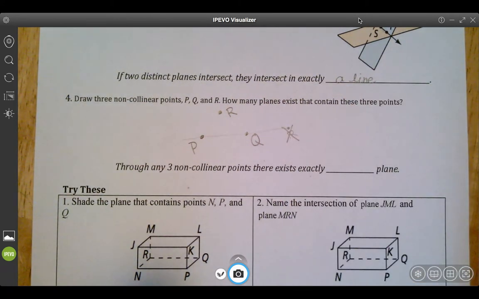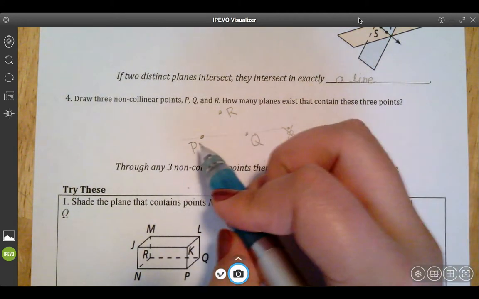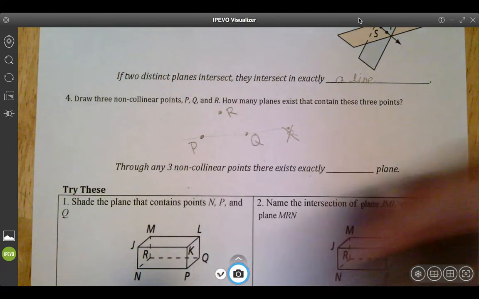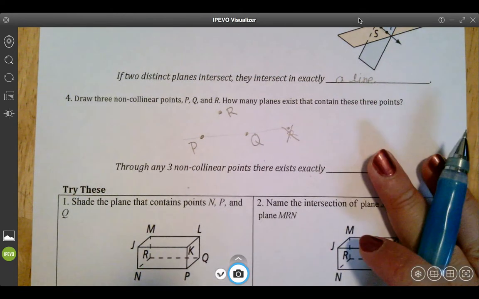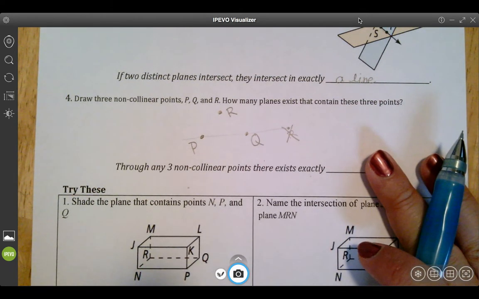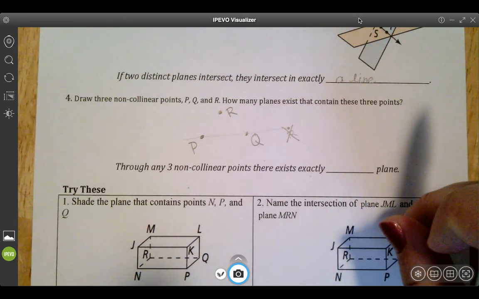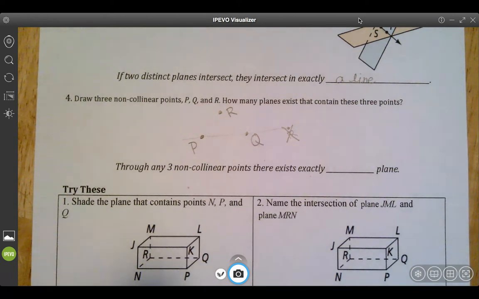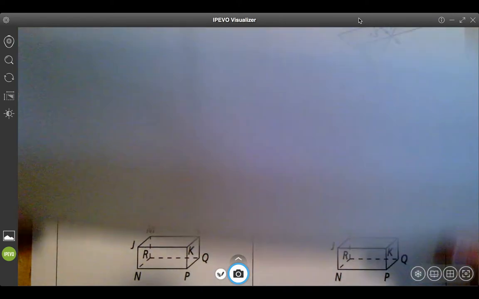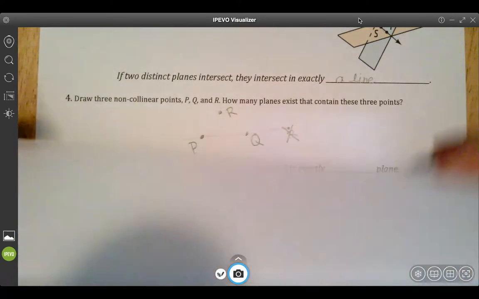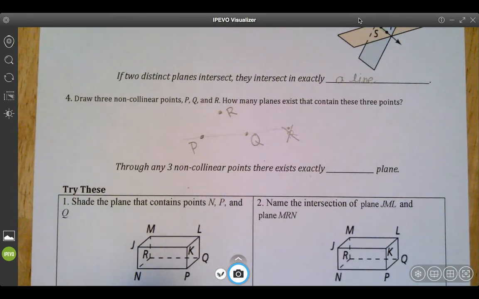How many planes go through this? How many pieces of paper can you fit through those 3 points? Well, if we think about the piece of paper that we're drawing on goes through those 3 points, is there any other piece of paper that could go through those 3 points? Let's just say I took this piece of paper. I said, okay, it goes through points P and Q. Let's see if I can make it flatter. Actually, here, I have an envelope.